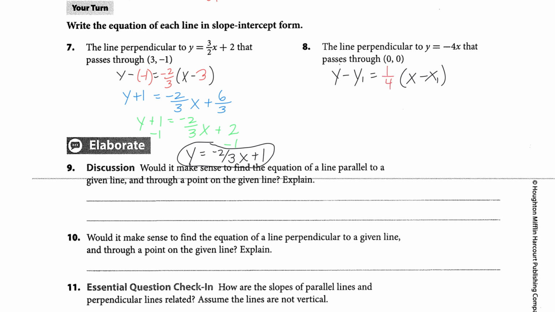We then need to replace x1 and y1 both with 0. We can then simplify and distribute. And the line perpendicular to y equals negative 4x is y equals positive 1/4 x.